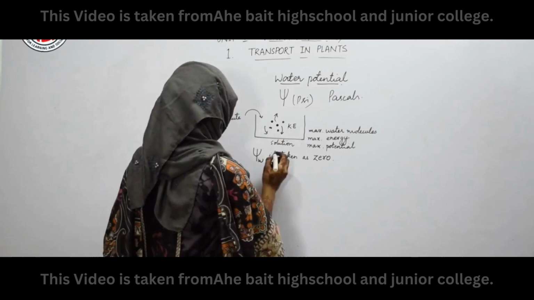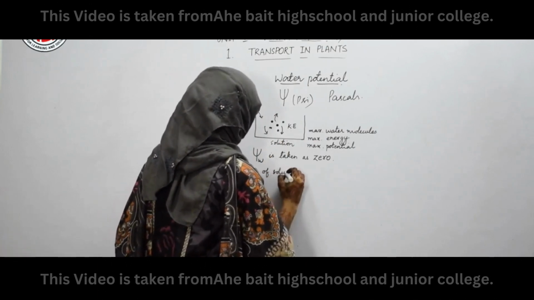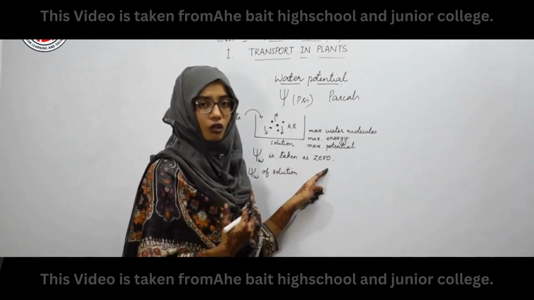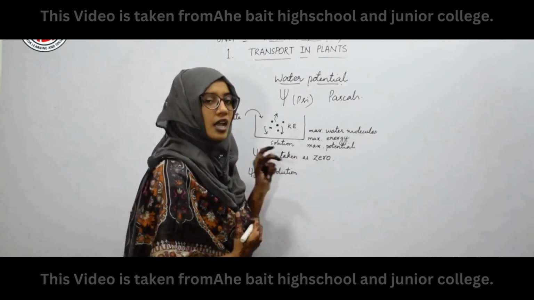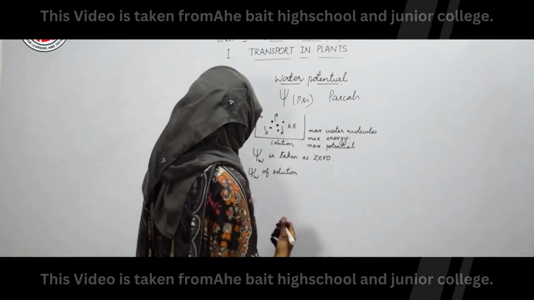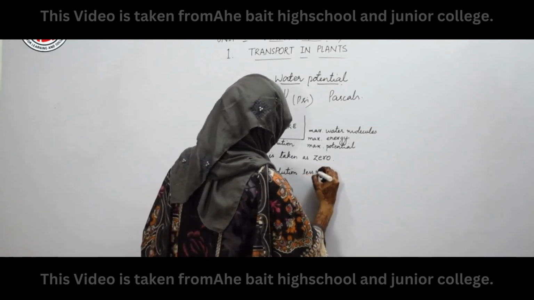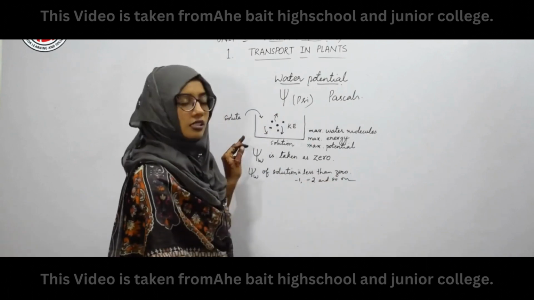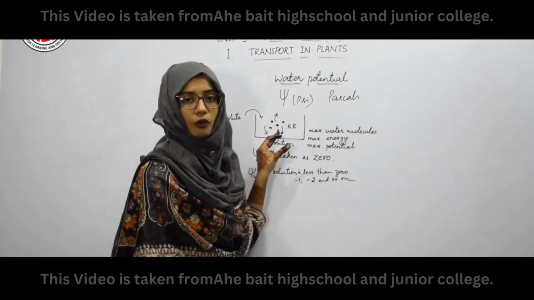So the water potential of solutions is always less than 0. As it contains solute, the water molecules become lesser in number, and hence the energy also becomes minimum, and it is always less than 0. We can take -1, -2 and so on. So this is about the water potential of a solution and of pure water.